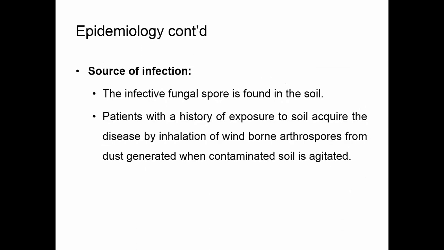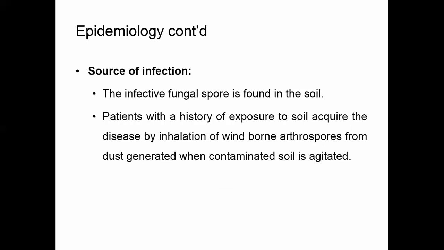What can be the further source of infection? Usually, as we know, mostly it is soil only. At the start of this session on systemic mycosis, we talked about the probable sources of infection, and mostly here the source of infection is soil only, right?